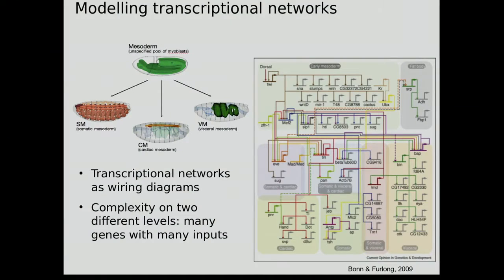Okay, so where do I come from? The focus of my lab is basically gene regulation, and I started very theoretically, looking at models of gene regulatory networks, and it was quite interesting to look at this in the context of development.